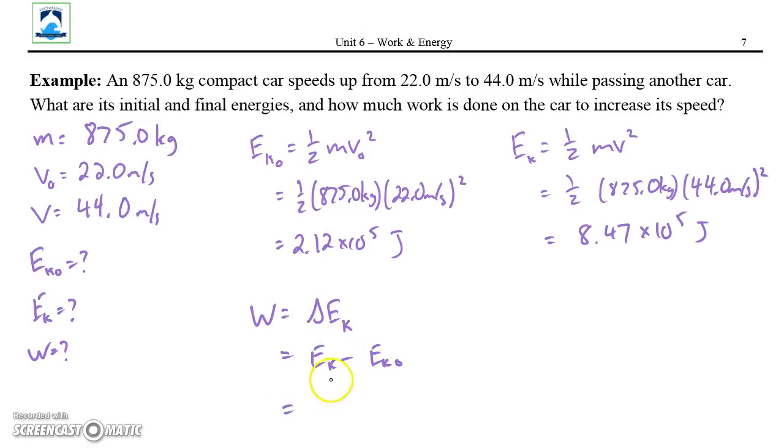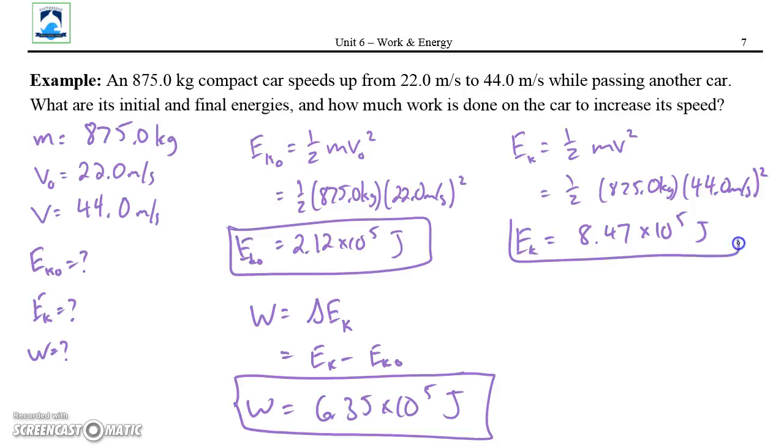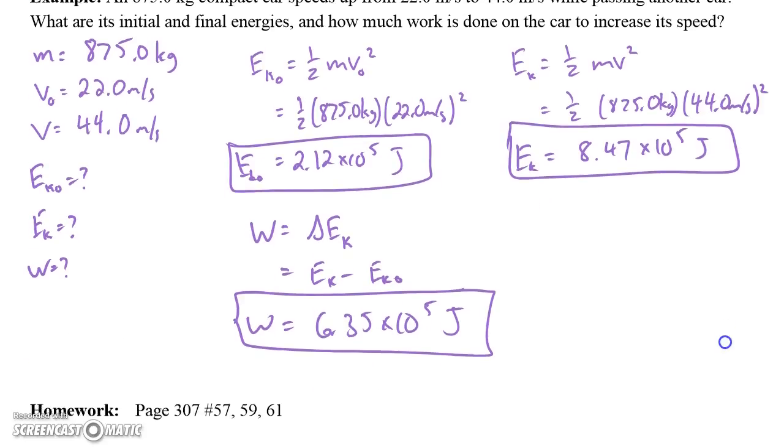And if you subtracted them, you would get 6.35 times 10 to the power 5 joules. And there's our 3 answers to this question. Again, start with your equation, see where it leads you, write your givens, and just follow it out. Try those questions, and as always, physics is awesome.